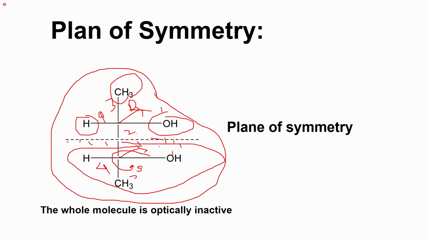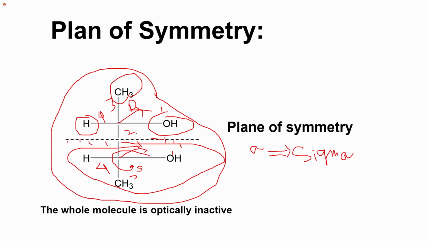Why? Because if the molecule contains any symmetry, that is a plane of symmetry. This is called the plane of symmetry, and it is denoted by sigma. Maybe in a higher class you will learn all these things, but I will just touch on this small topic so that you have an idea.